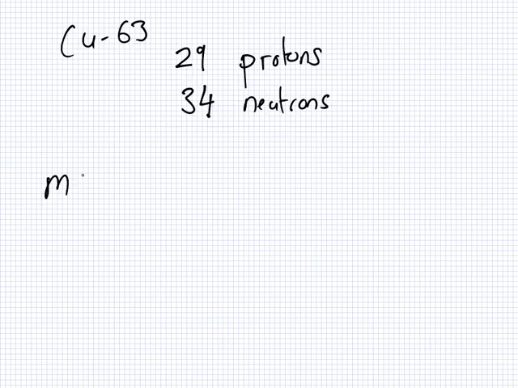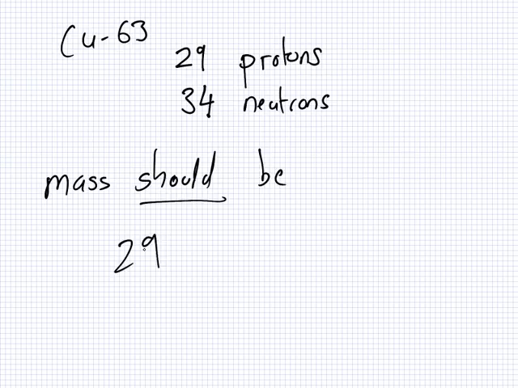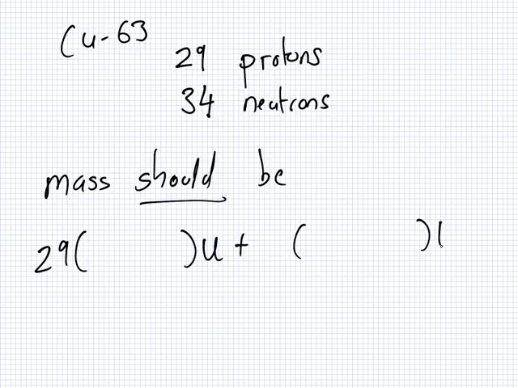So the mass should be 29 protons. Can you check your notes, Irene or Andy? What did I say the mass of a proton was using the U units? 29 something U's plus something. Well, it's okay, because I'll just use my calculator, which has protons and neutrons on it.